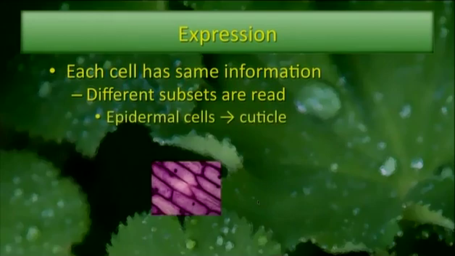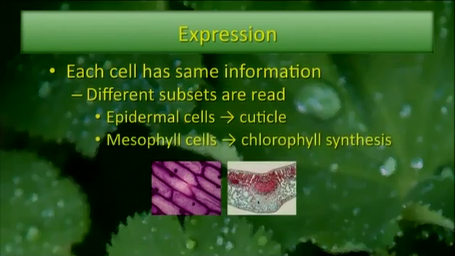So an epidermal cell of a leaf secretes a waxy cuticle. The epidermal cells express genes that encode enzymes that are needed to build the cuticle. Whereas in another place in the leaf, in the mesophyll cell, they do chlorophyll synthesis.